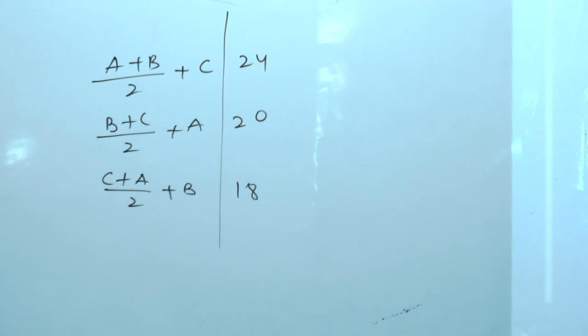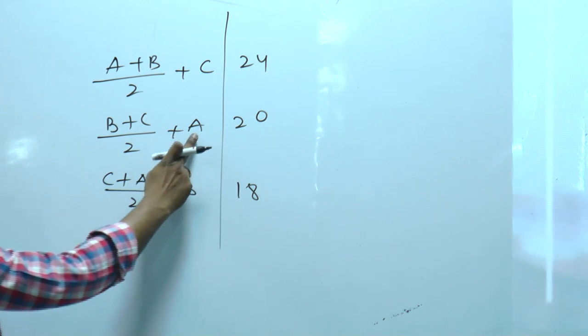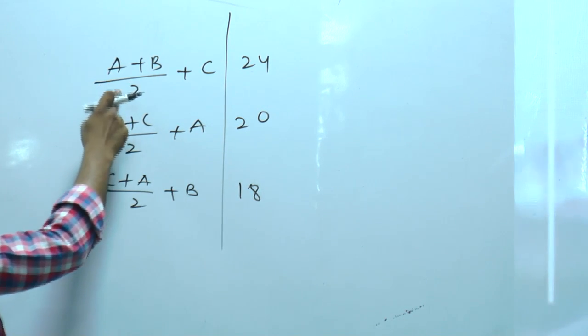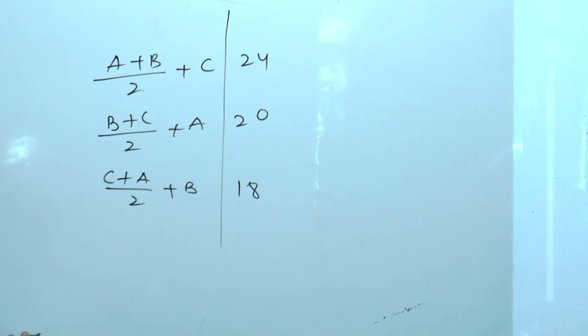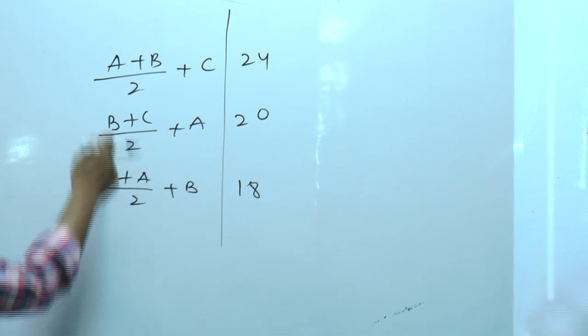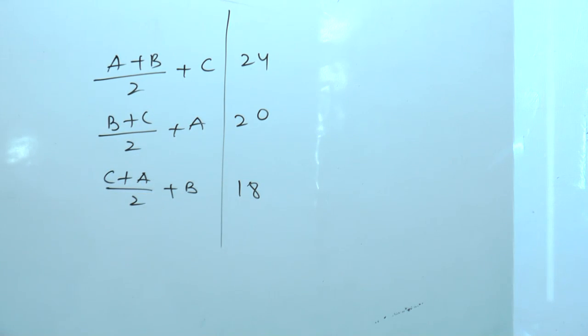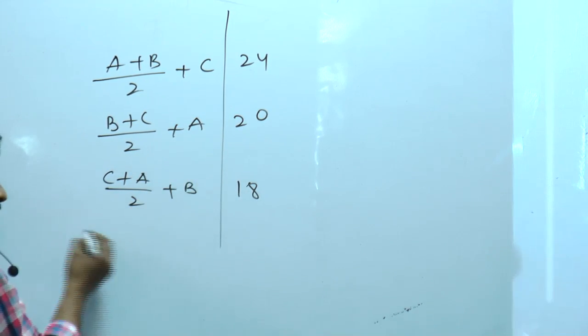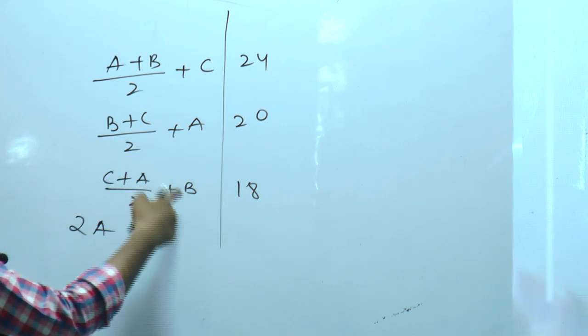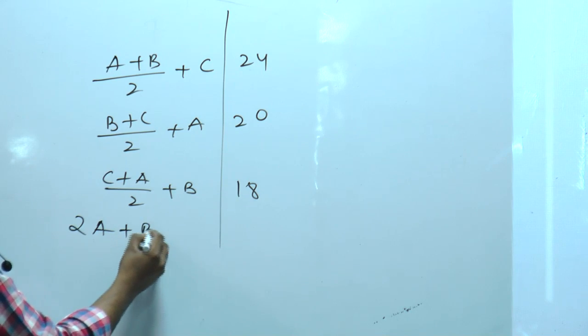Okay? Now if you visualize this, I can write this as A by 2 plus B by 2, right? B by 2 plus C by 2, C by 2 plus A by 2. I have A by 2 plus A by 2, which is A, plus A, 2A. B by 2 plus B by 2, B plus B, 2B.